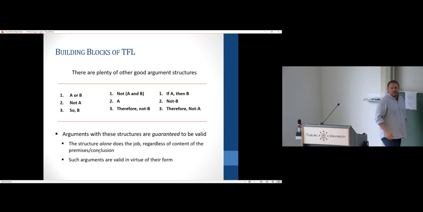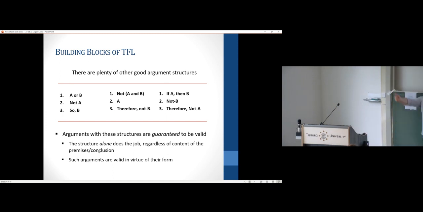In fact, there are plenty of good argumentative structures. Here's 3. We're not going to spend too long on them, but it's worth seeing them. The first one here is, right, either A or B. We know not A, so it must be B. Right? I know he went either to the left or the right. He couldn't have gone down the left path because there's a dumpster blocking it, so he must have gone to the right. Similar one.